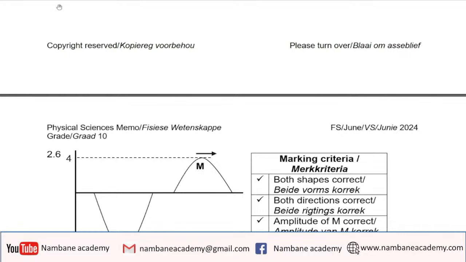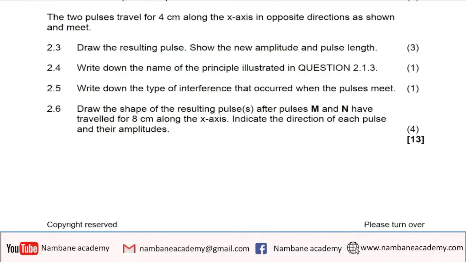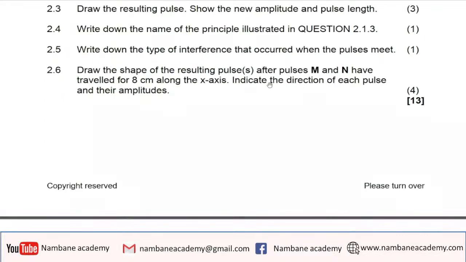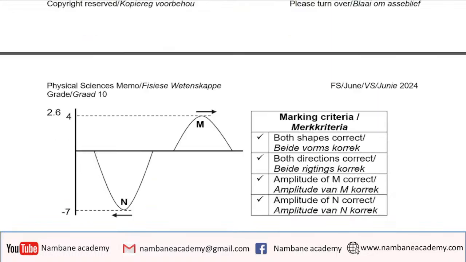And then question 2.6, draw the shape of the resulting pulses after M and N have traveled for 8 centimeters along the x-axis, indicate the direction of each pulse and their amplitudes. Now, according to the memo, I'm going to mark according to the criteria given.